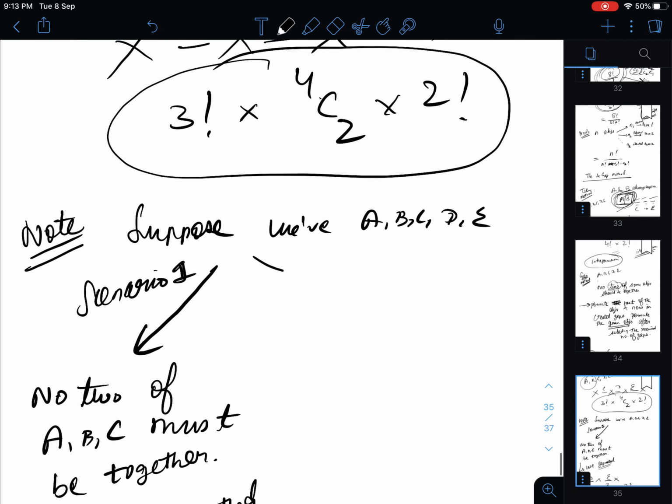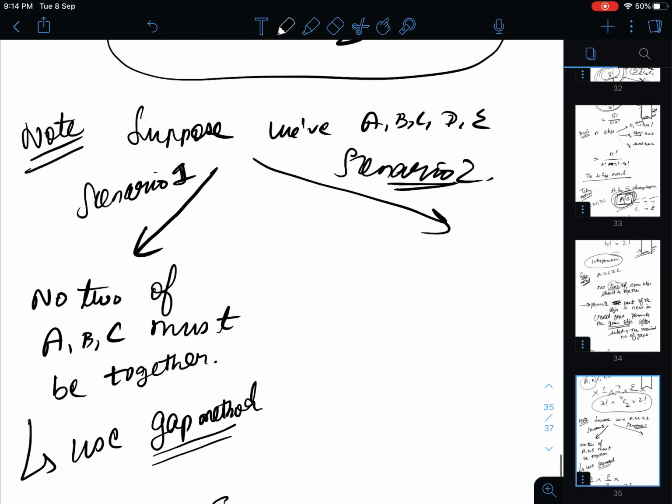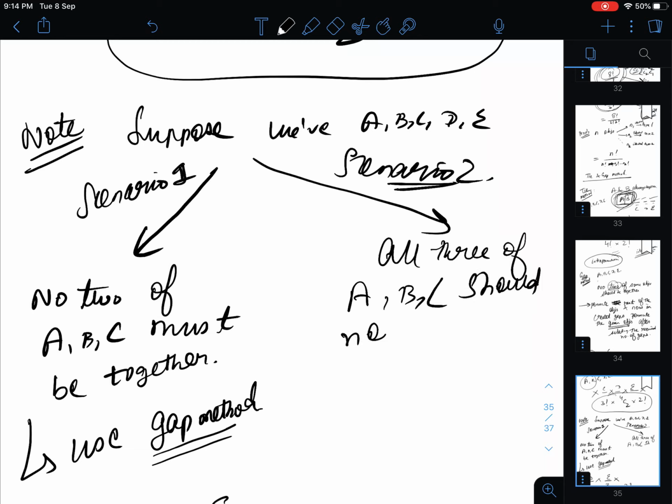Scenario 2 is, if I ask you to find all those permutations such that all 3 of A, B, C should not be together.